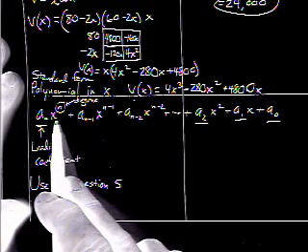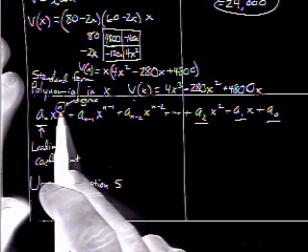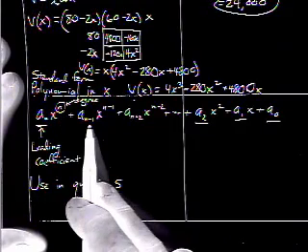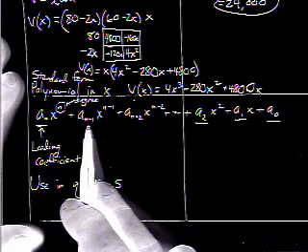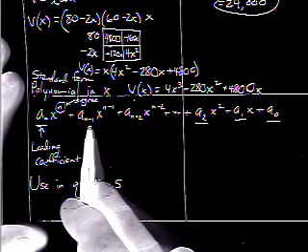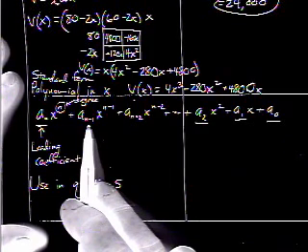It's on the leading term, which has the degree of the polynomial. That's the highest exponent. Obviously, a sub n minus 1 would be the coefficient of the second highest term. Now, it could be 0 if there's a missing term.